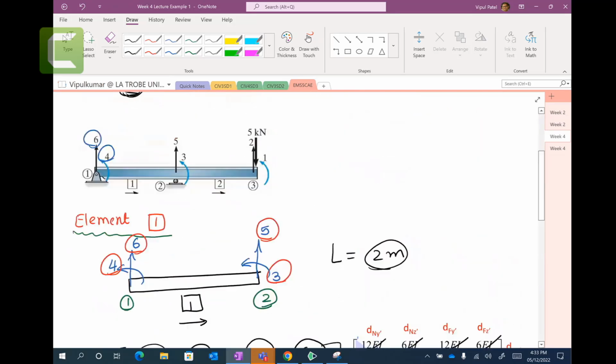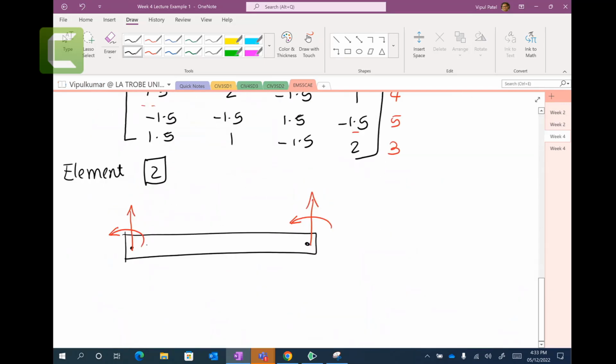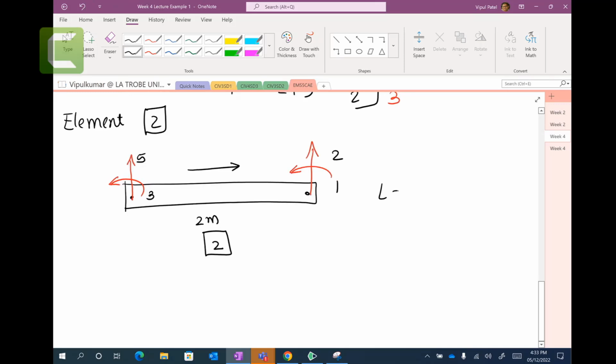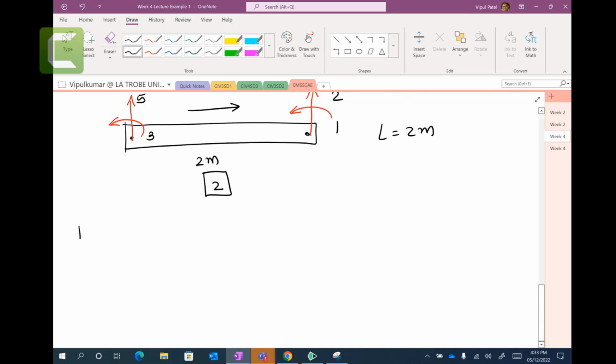The numbers that we can put in are 3, 5, 1, 2. And the length is 2 meters. The location vector is going here, number 2, and the length is equal to 2 meters. So I think it's exactly the same K2, because the length is the same. So we can put the same thing.